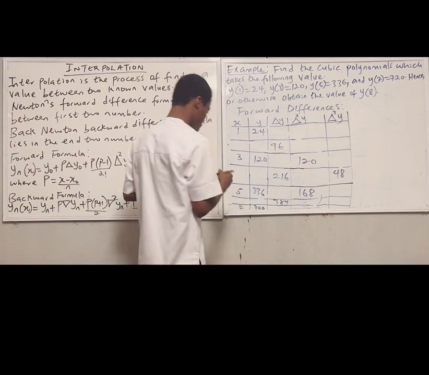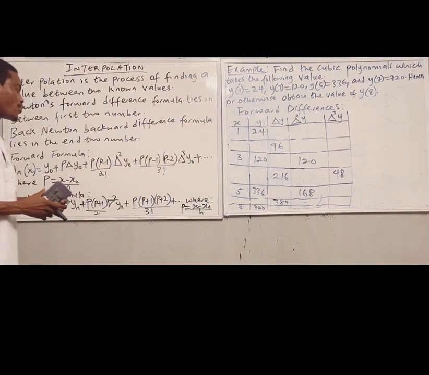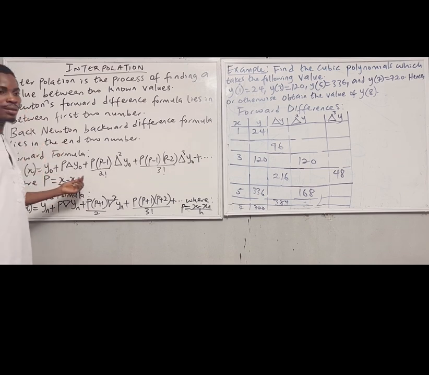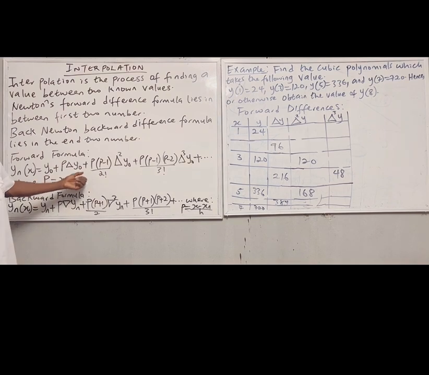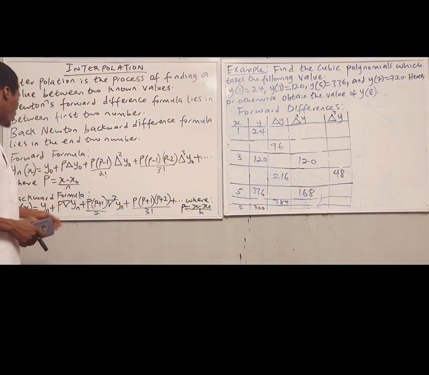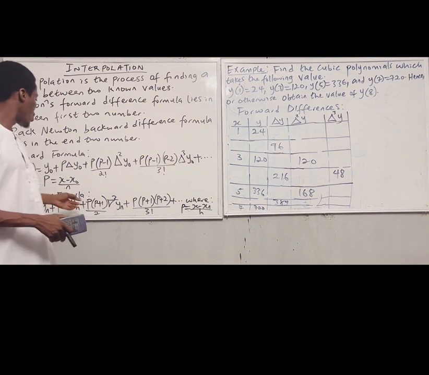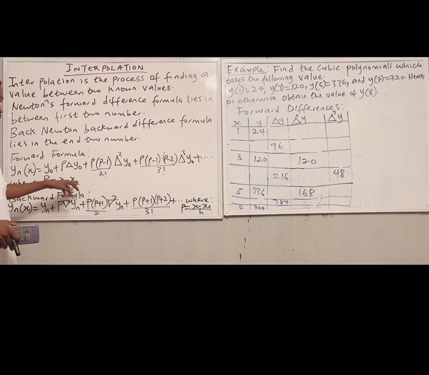Since I have composed my table, I have to use my Newton forward difference formula, which is this. I'm going to substitute all of this. For me to solve this, where p is s minus s naught over h.